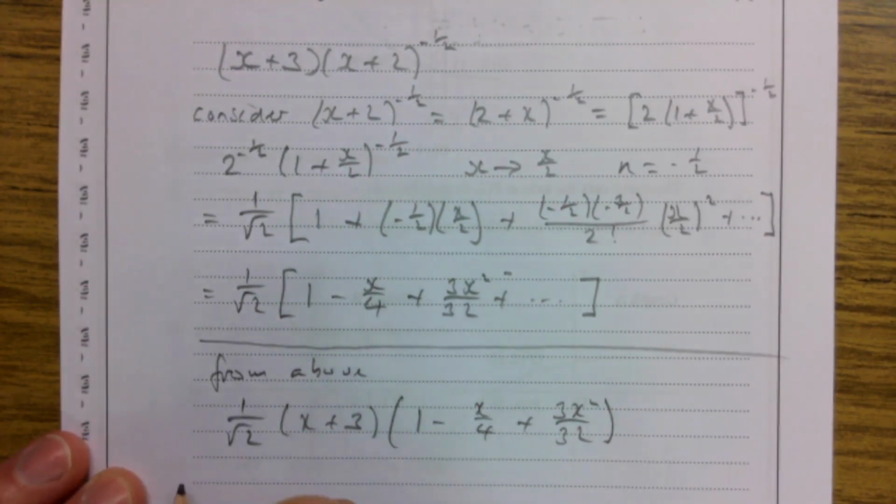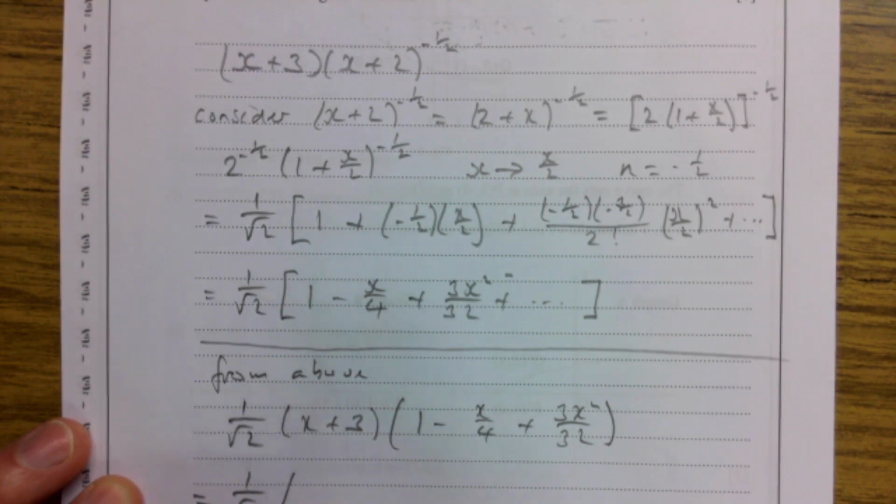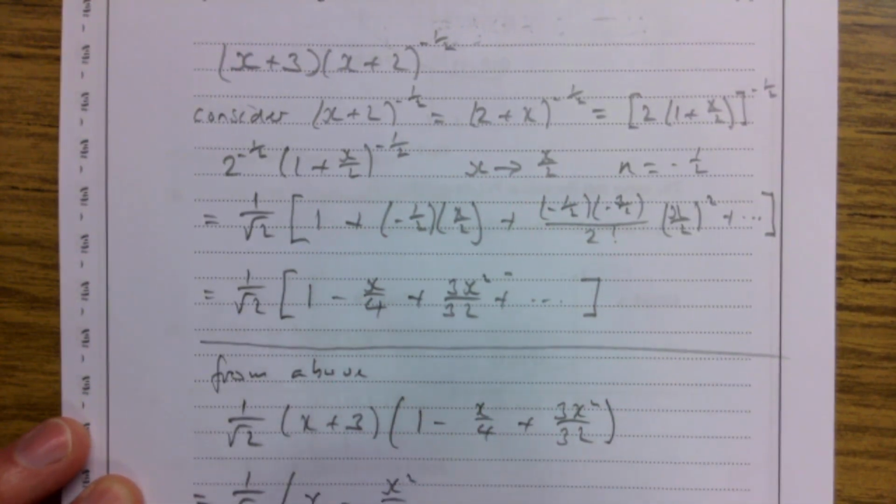I'm just going to keep the 1 over root 2 sitting out the front. And we're timesing everything by x, and we're timesing everything by 3. So timesing everything by x gives me x - x squared over 4 plus 3x cubed over 32.